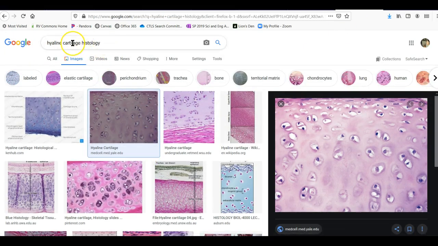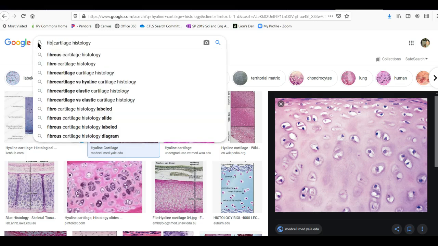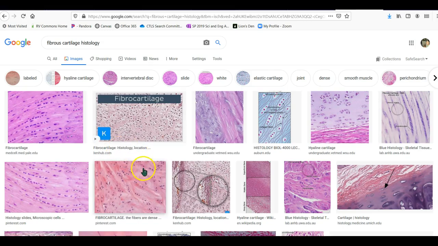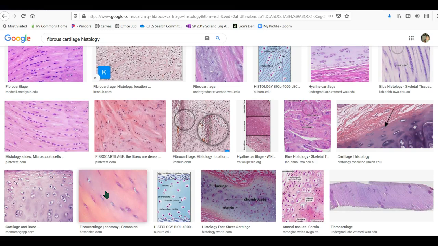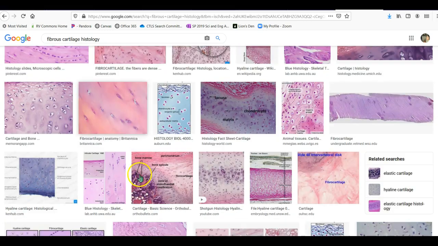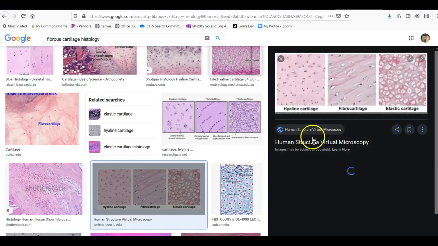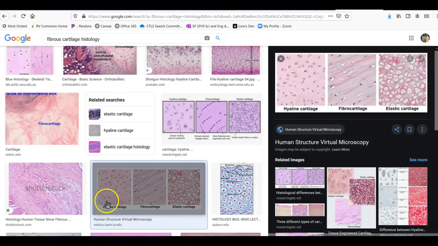And depending on where in a slide you're looking and which example of fibrocartilage you have, it's going to look a little different. I tend to think that in our lab, fibrocartilage looks kind of like maybe this one here. That's not a very good picture.